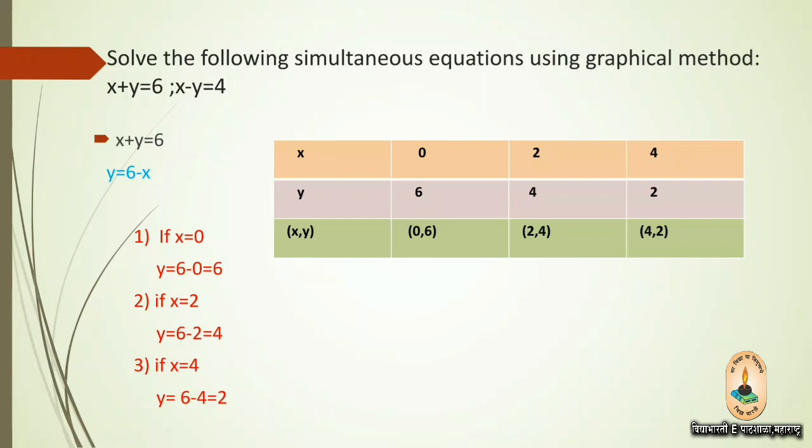Answer. First we consider the equation x plus y equal to 6. This equation is written as y equal to 6 minus x. Here you can take your own values of x and then find y from the equation y equal to 6 minus x.